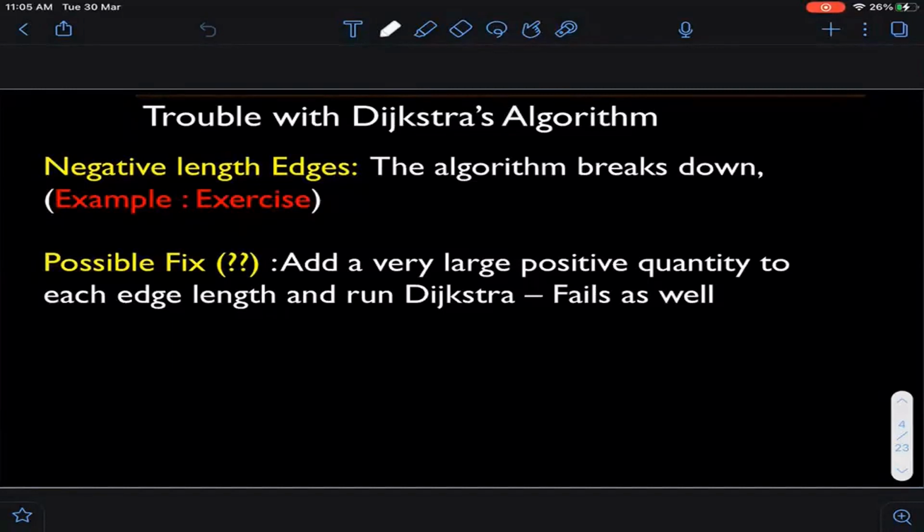Forget about negative cycles and all that. What I'm claiming is this idea of transforming the graph by adding a positive constant to every edge fails no matter what. You can create an example even without using negative edge lengths.